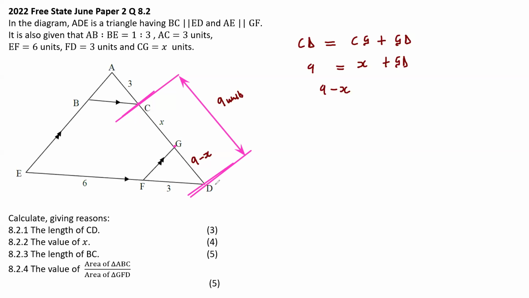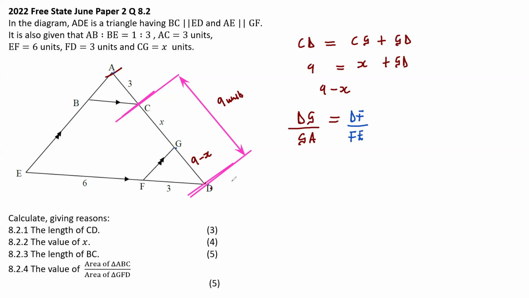And if I do that, what am I doing? Listen to me. I can safely say DG over GA, on the flip side, is equal to DF over FE.